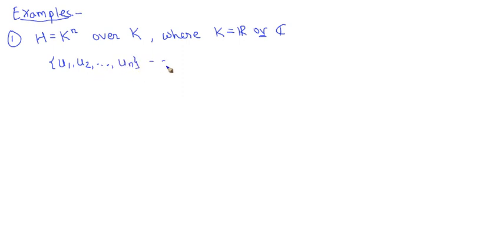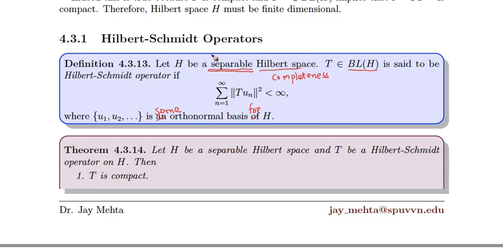So this is an orthonormal basis for K^n over K. Because if you see the definition, we need a separable Hilbert space and an orthonormal basis. Then now we define T, which satisfies this condition.